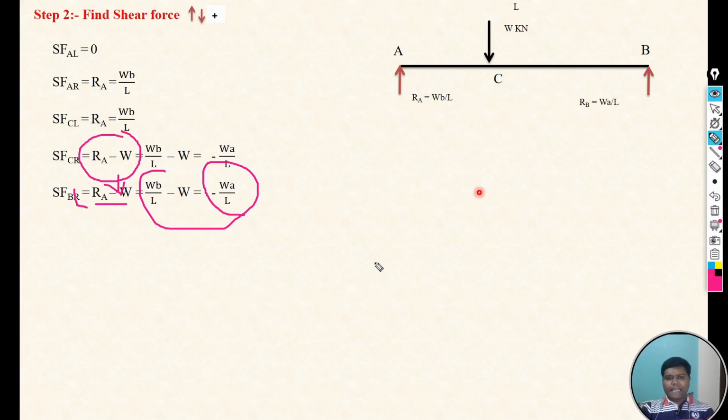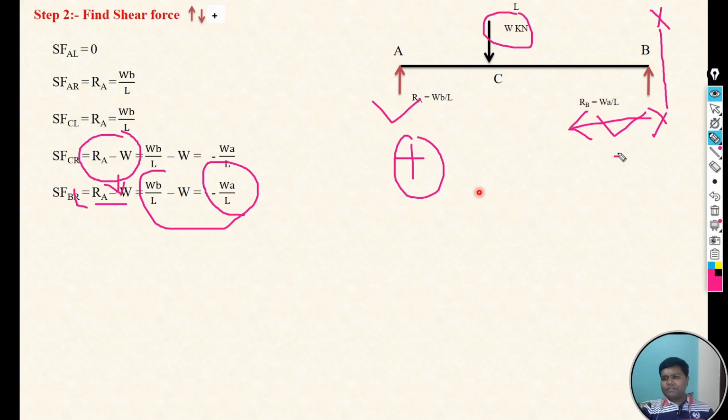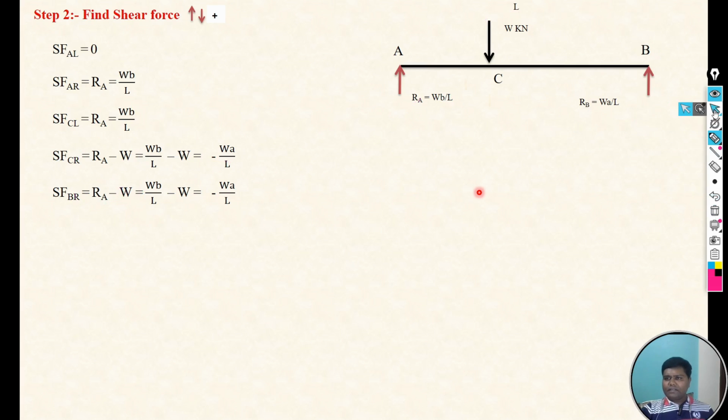Now after that, consider the section at B right, and then focus on the left. If you focus on the left of that particular section, now we have three forces, RA, RB and W, where RA and RB are upward. As per the sign conventions, we will consider RA and RB positive and W negative.